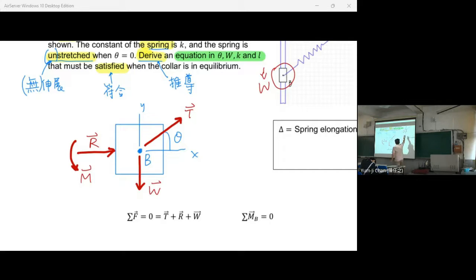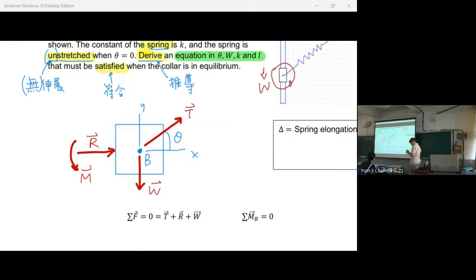So we have a spring force T, a force W, and then R, because this cannot move left or right, and then because it cannot rotate, we have a moment N here. Now we have finished drawing the free-body diagram.